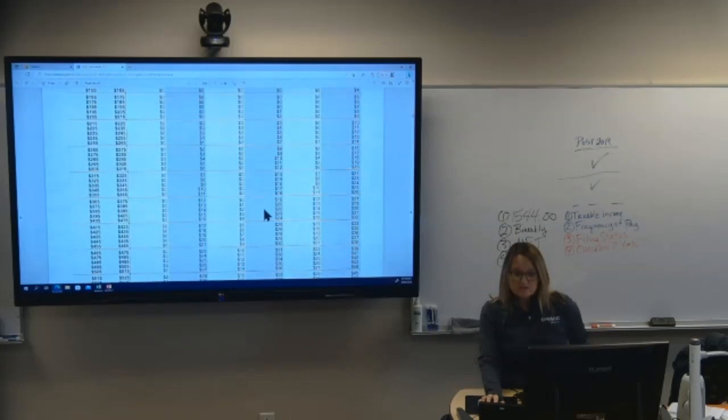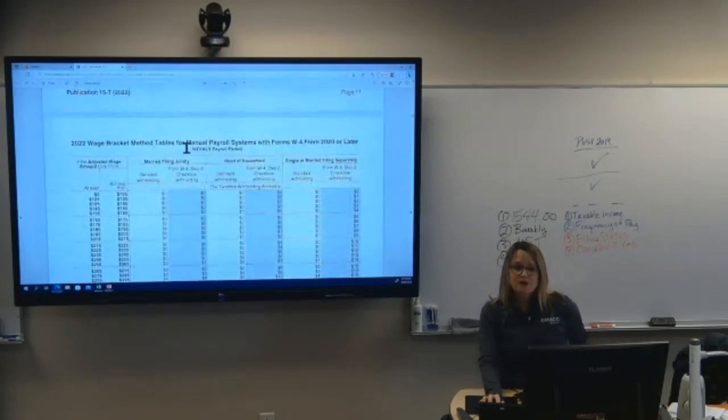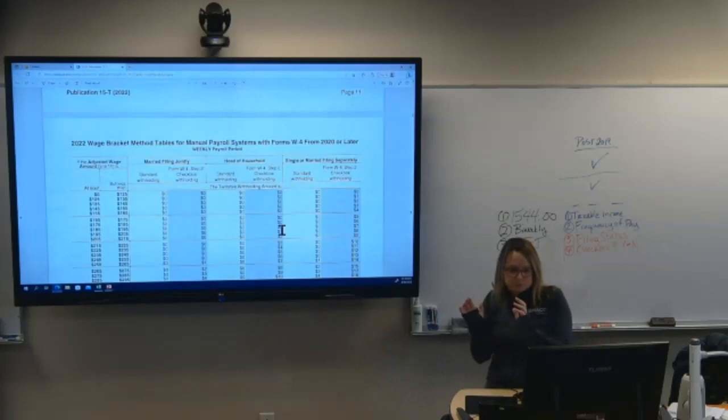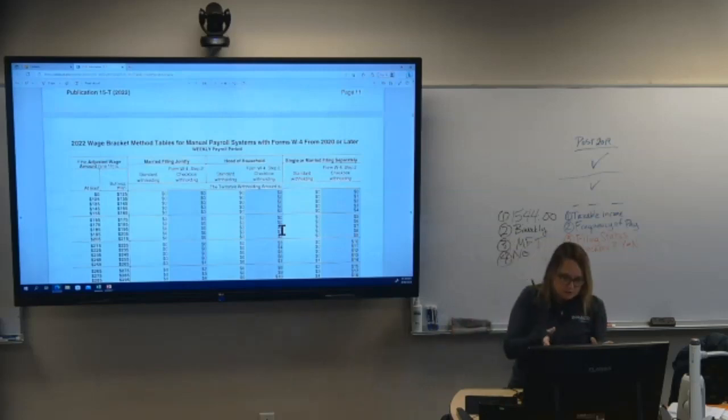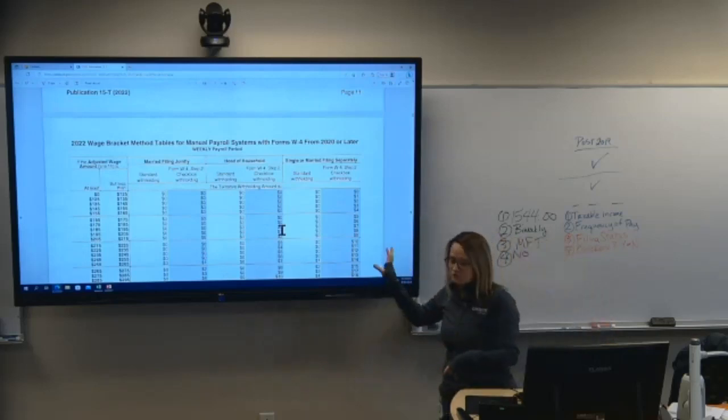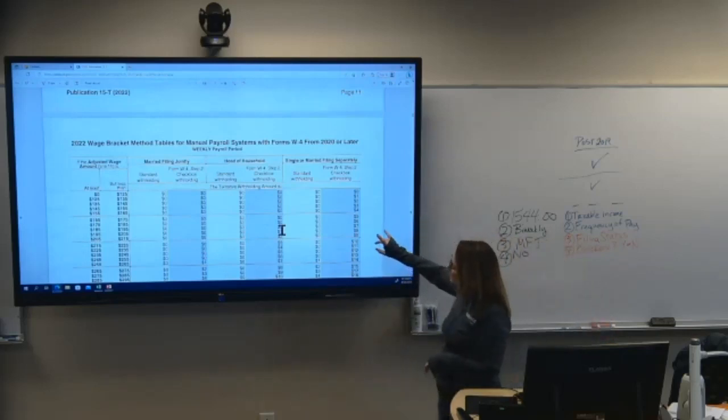Okay. So first off, we've picked out the wage bracket method, which method we're using, and whether it's pre-2020 or 2020 and later. So we've got that. We've got to get the right chapter, essentially, of this book.